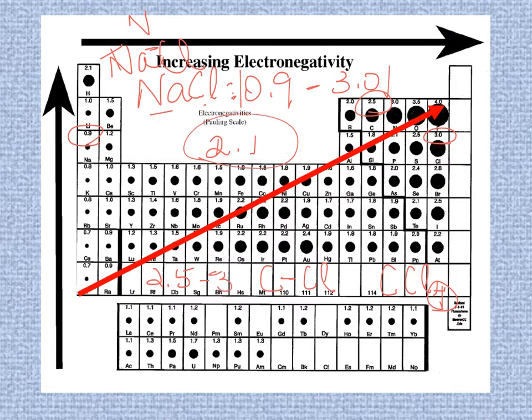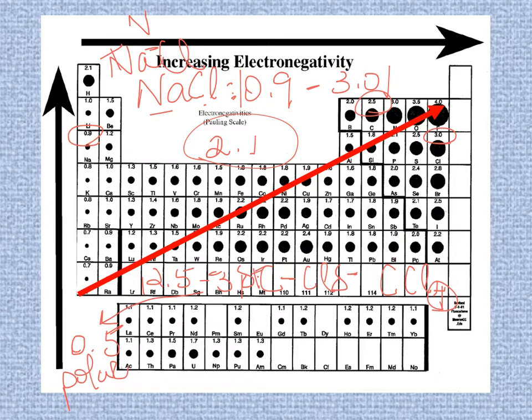So the absolute value of the difference in electronegativities for a carbon-chlorine bond is 0.5, and that's just barely a polar covalent bond, just over the edge of nonpolar. So you would need to show the partial charge, partial negative over chlorine, partial positive over the carbon.